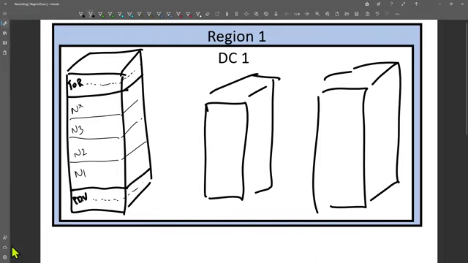What I've got on the slide for you is an example of a data center within a single region. Inside of that data center, we call them scale units, and I've drawn 3 of them here. They look like racks, and for all intents and purposes they are. Our racks have what are called fault domains. And you're seeing on the one on the left, at the very bottom, there's a dotted line. There's actually things called PDUs, or power distribution units.